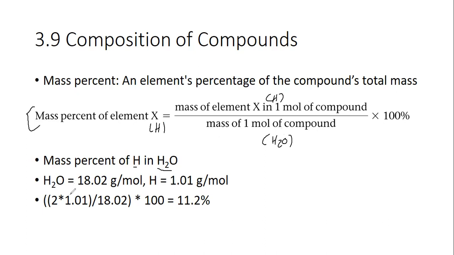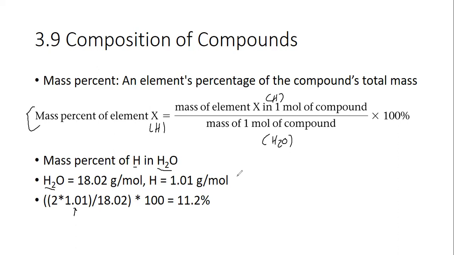So for H2O, I have 2 hydrogens, and looking up the periodic table, the mass of 1 mole of hydrogens is 1.01 or 1.008, depending on what periodic table you're looking at. And I have 2 hydrogens, so I need to multiply this number by 2. Divided by the total weight of 1 mole of hydrogen, or sorry, 1 mole of water.